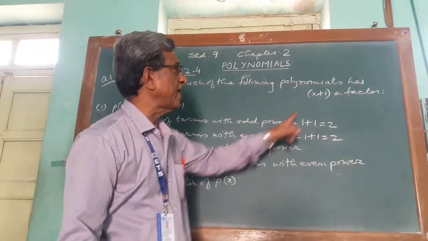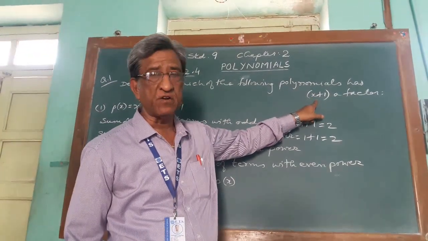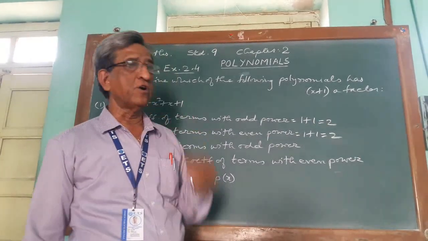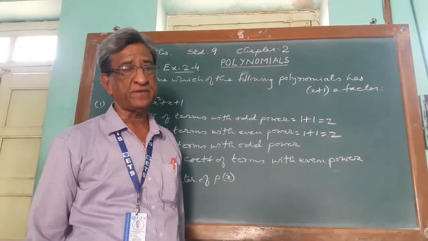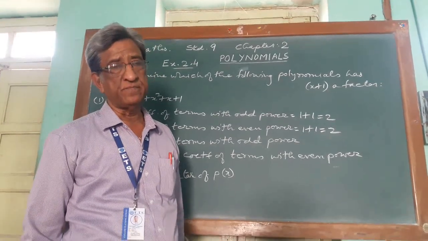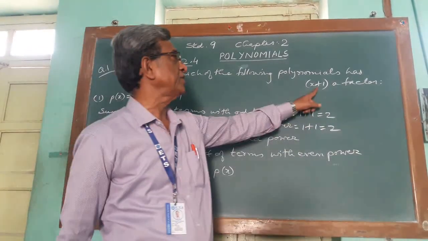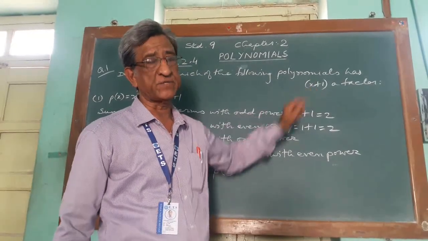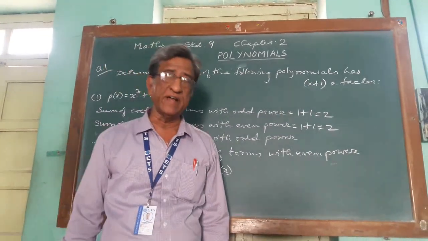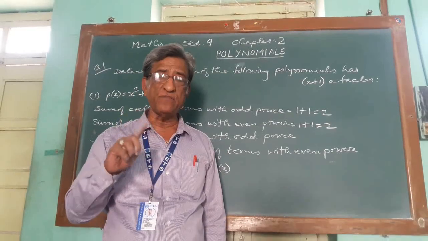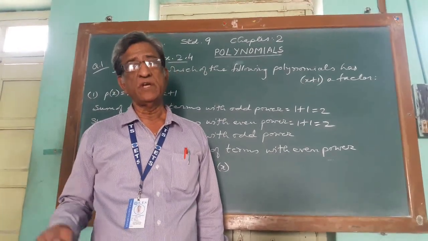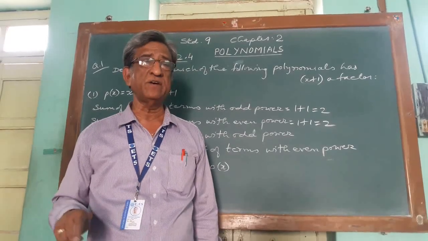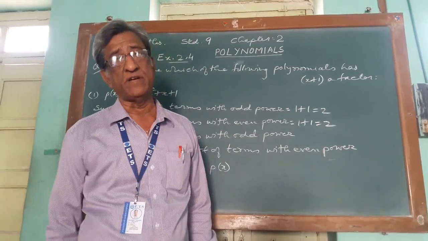Now if you want to find whether x plus 1 is a factor or not, in the theoretical part, I have told you that when x plus 1 is a factor of p(x), you have to find the sum of coefficients of the terms with odd power and the sum of coefficients of the terms with even power.